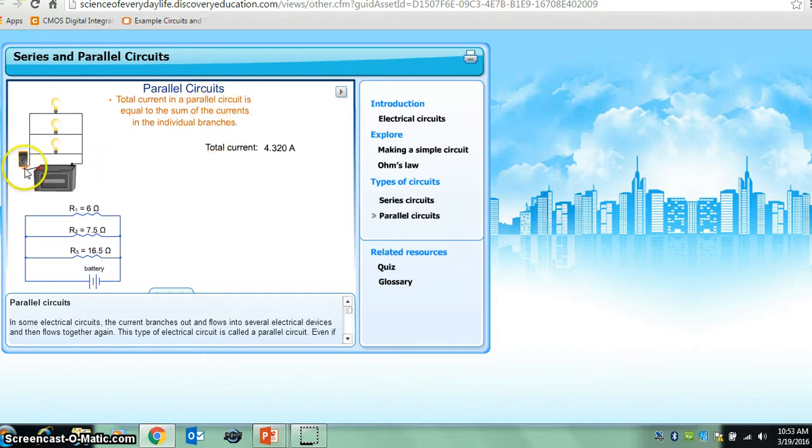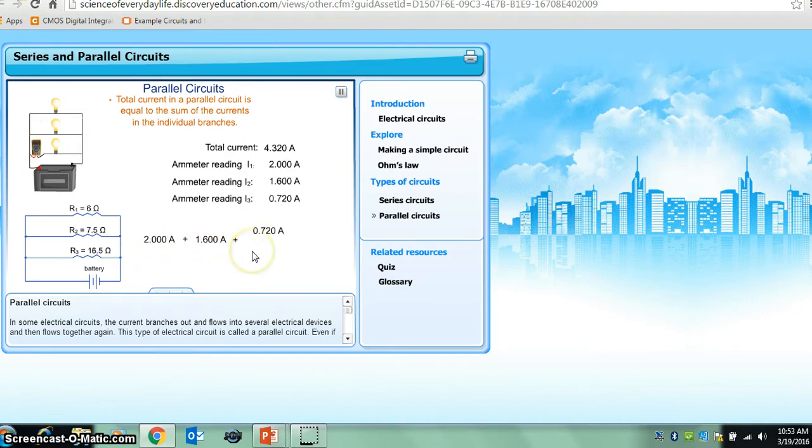If you notice here, the total current is measured near to the battery and it's found to be 4.32 amperes. Now, if you measure the current of the first branch, note down 2 ampere, second branch is 1.6 ampere, third branch is 0.72 ampere, and if you sum them, you get the current as 4.32 ampere, which is the total current you measured before.